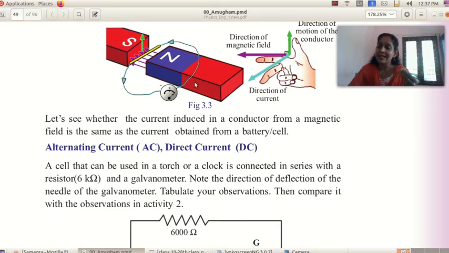When we insert the magnet into the solenoid, the galvanometer shows deflection to one side. While taking out the magnet from the solenoid, the galvanometer shows deflection to the opposite side. So we get a current that changes its direction.